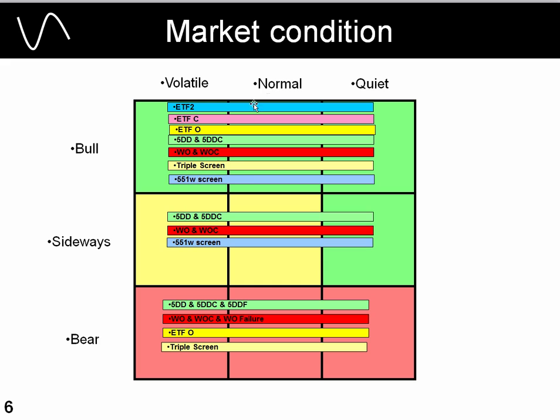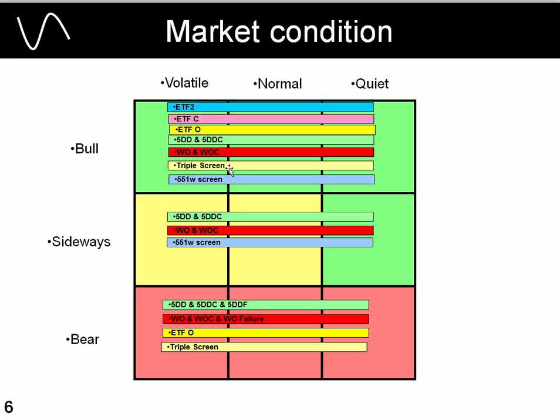To go back to the market condition a little bit, this is how I would suggest you analyze your different systems, particularly those that are mechanically traded, and see how they perform in these different market conditions. And so I know, mechanically speaking, that these three systems are the ones that are worthwhile trading on a swing basis in a sideways market, but some of these other ones do not.